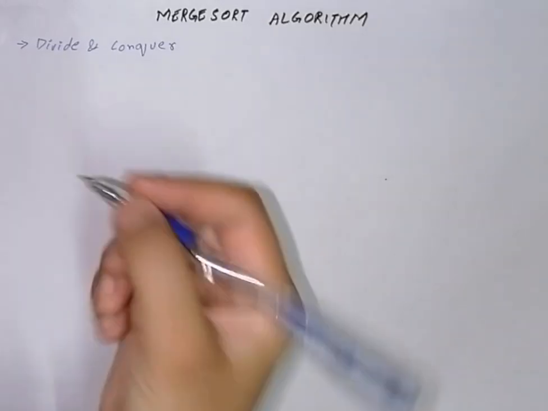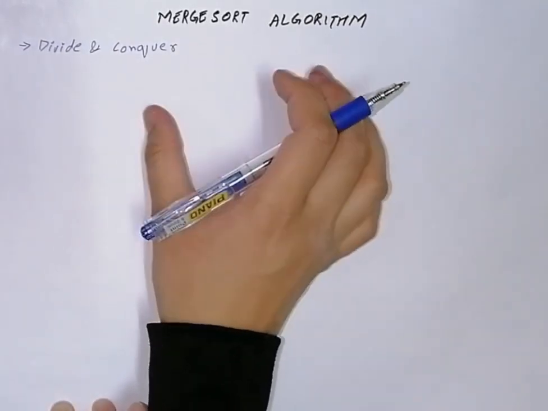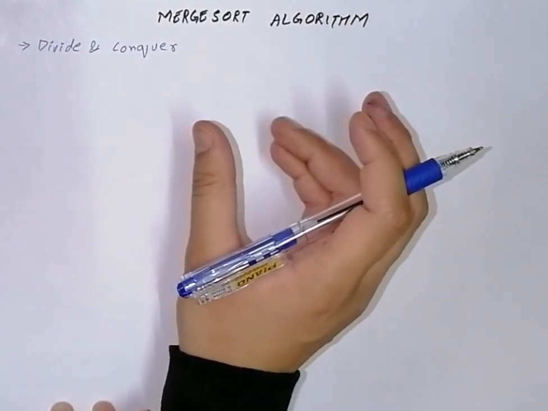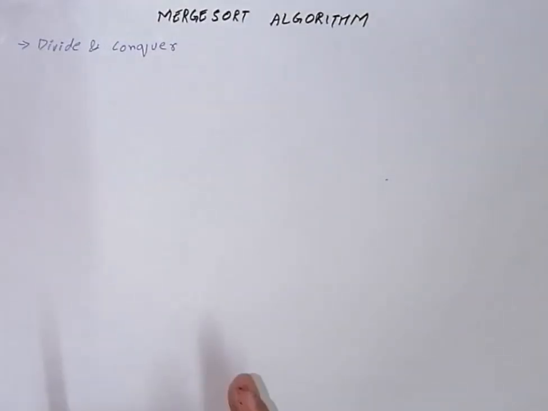Since this is a divide and conquer approach, it splits the large problem into smaller problems, solves them individually and separately, and then in the end combines all the results. Since this is a sorting algorithm, we must have insight into how it works.